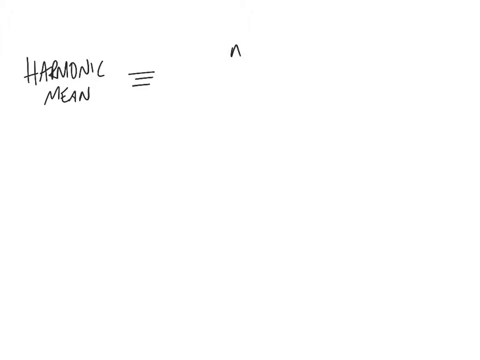It is the number of things divided by the sum of the inverses of those things. Okay? That's what a harmonic mean is. And you use this when the situation is like the last one we just looked at in scenario 2, where you have unequal times but equal distances.